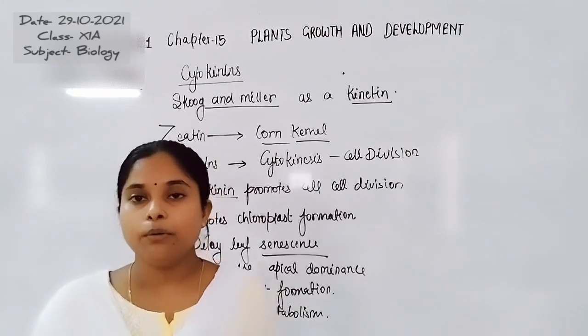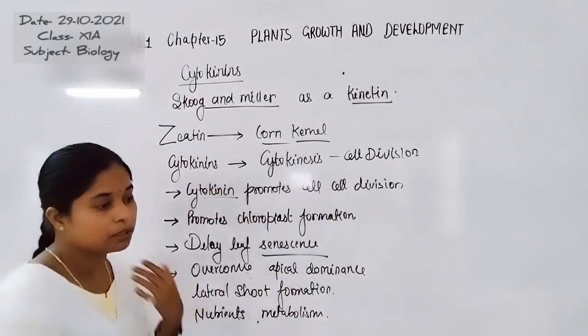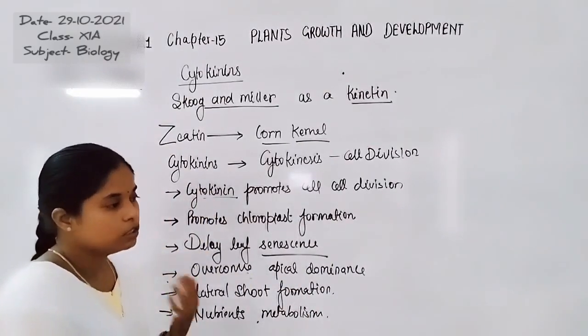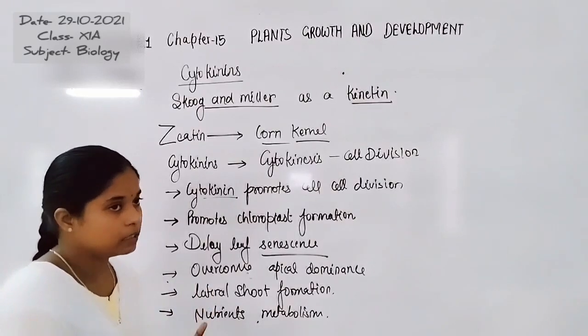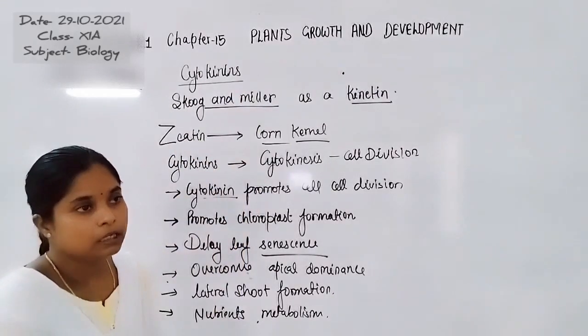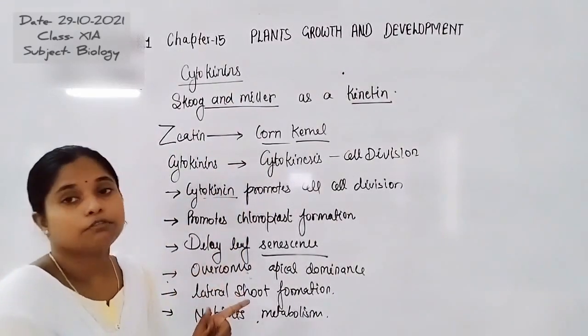Now, gibberellic acid also induces the formation of parthenocarpic fruit like auxin, because Gibberella fujikuroi, which forms a gibberellic acid-like substance, causes an increase in the length of the plant but does not induce the formation of seed. They inhibit the formation of seed.